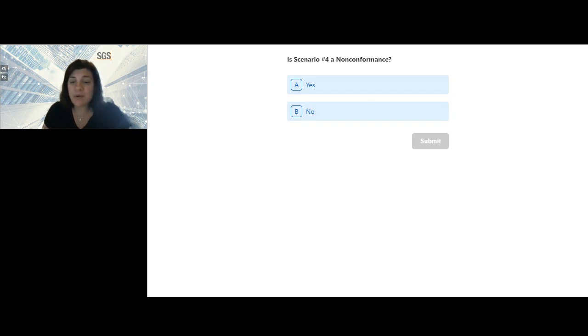Tim, I just see your question. If the SOP states the calibration sticker is required, okay, if your internal procedure says that you need to have a sticker, then it's a non-conformance because it comes from your internal procedure.